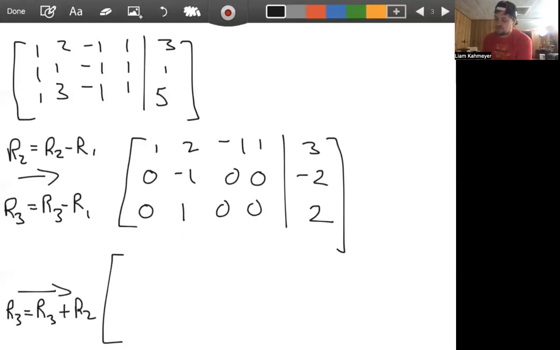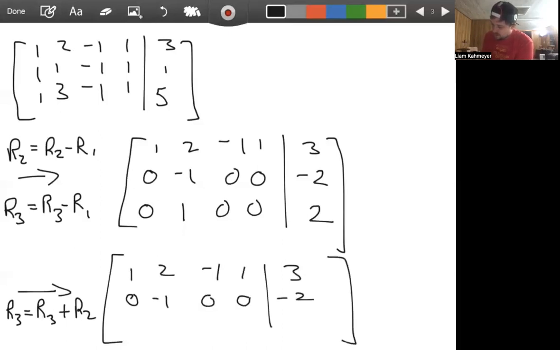If we had row 3 as row 3 plus row 2, well, then what we would get for row 3 is a row of all zeros, right? Because we would have 1 minus 1, which is 0. So negative 1, 0, 0, negative 2, right? And then we have 1 minus negative 1 is 0, 0, 0, 2 minus 2 is 0.